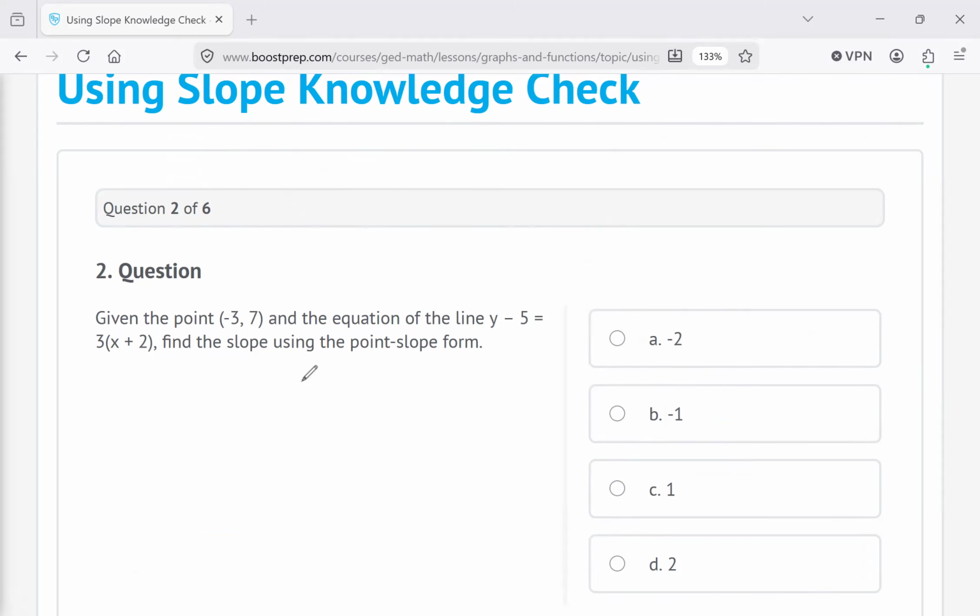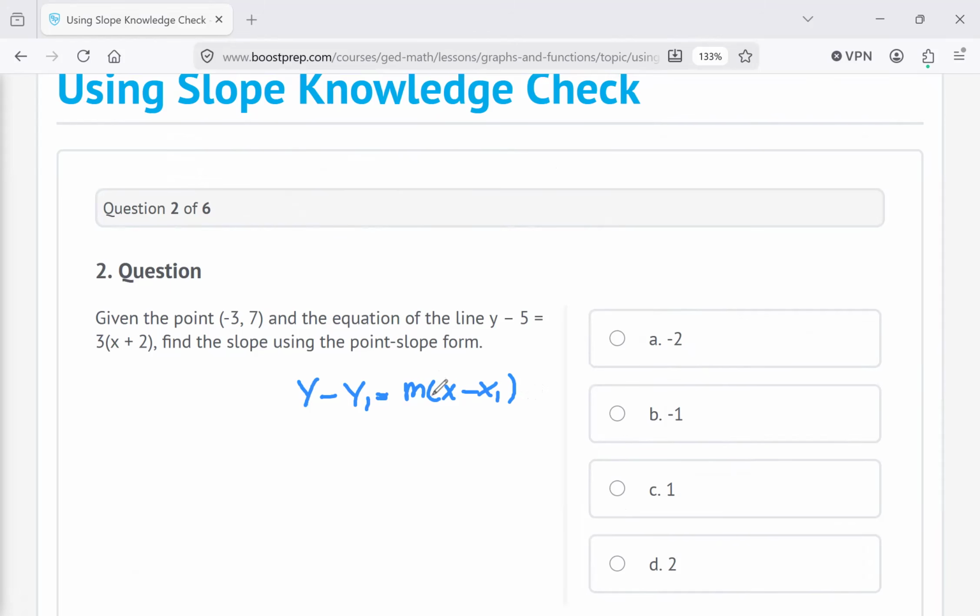Yeah, it's this form. Y minus y1 equals m times x minus x1. Now, I know the direction says point slope form, but you could also easily use slope intercept form, right? But let's see if this is easier. So how do we find the slope?